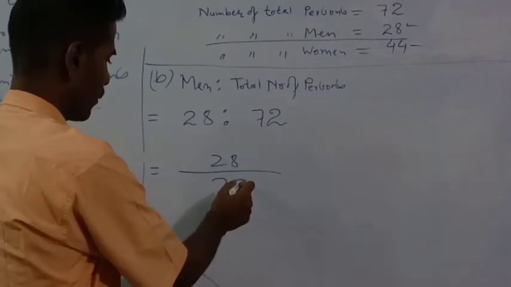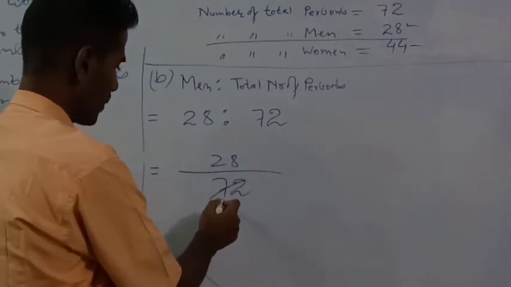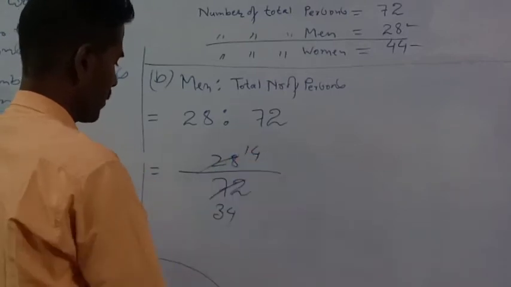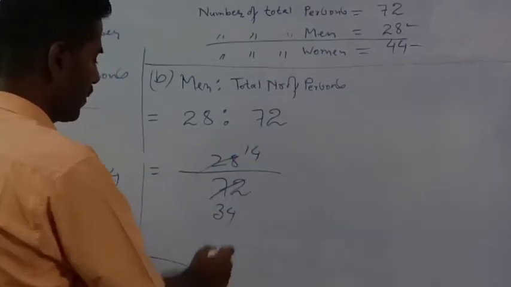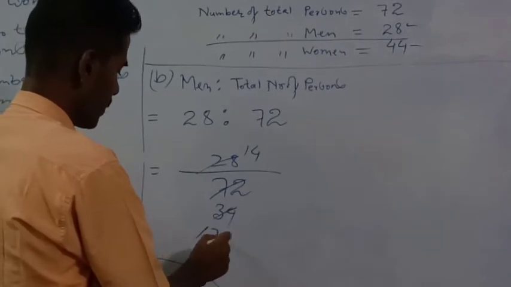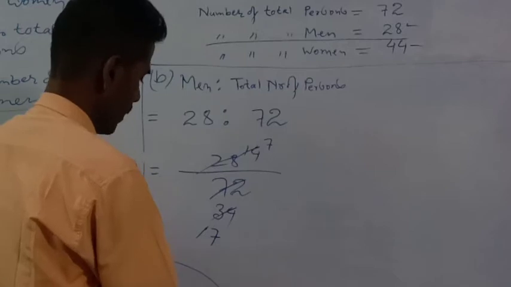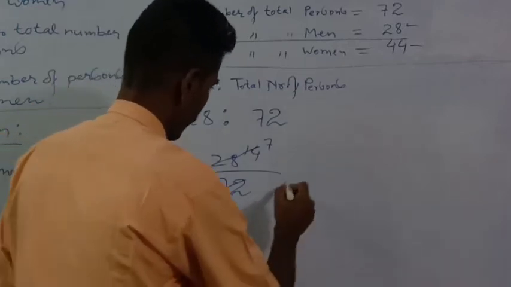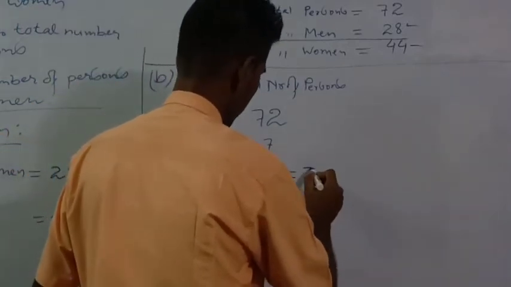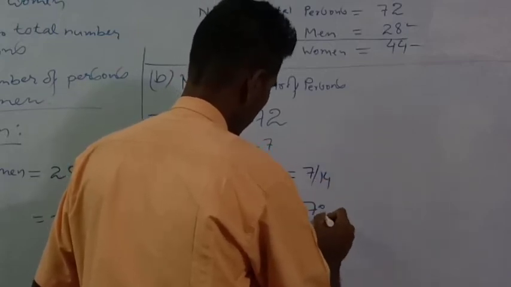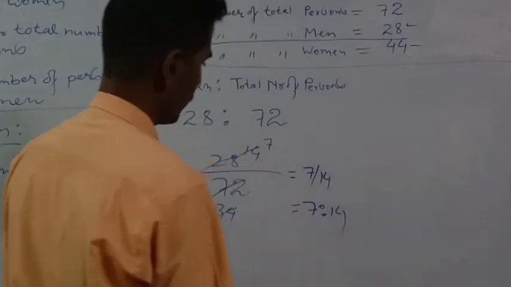We can divide by 4 also. 4 times 7 is 28, 4 times 18 is 72. Now again you can divide by 2: 2 times 17 is 34, 2 times 7 is 14. So what we got, 7 by 14. We got 7 by 14, so you can write 7 is to 14.